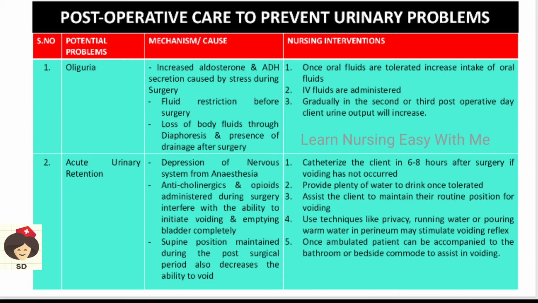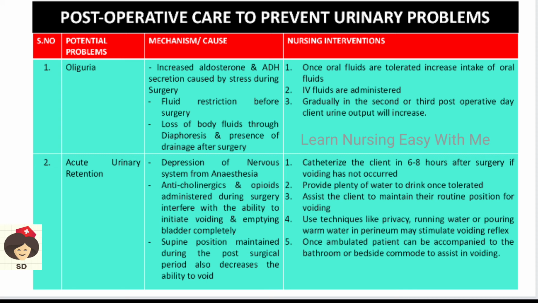So if the patient is not passing urine more than 6 to 8 hours after surgery, then we have to catheterize the patient, and plenty of water should be provided to drink once the patient is tolerated. If the patient doesn't feel like passing urine in the lying position, then help the patient to sit, or some position in which the patient is able to void. You have to help once the pain and everything is reduced.